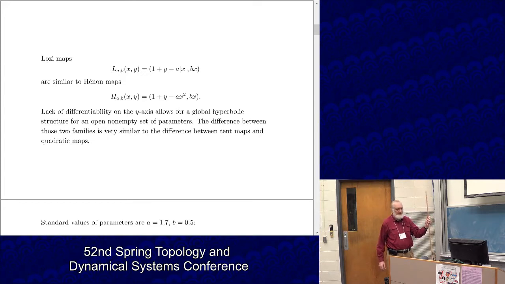And then for many, many years, people wanted to prove that such a thing really exists, because when you make numerical experiments of this type, you take one starting point, iterate the map, and start plotting, and you see definitely some attractor.